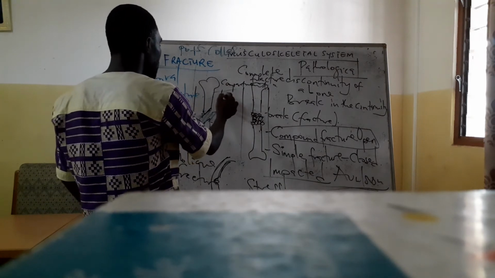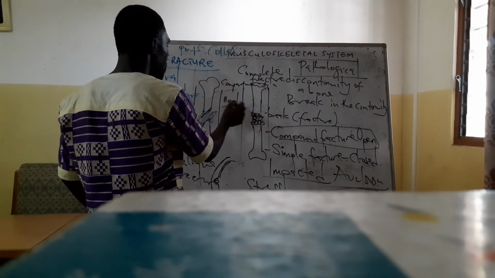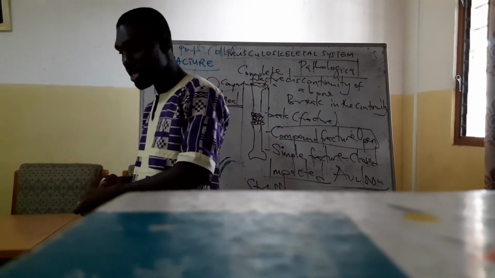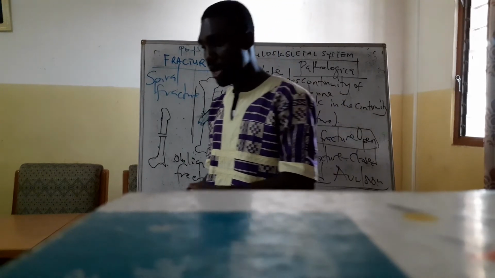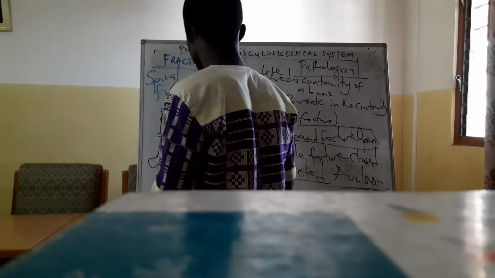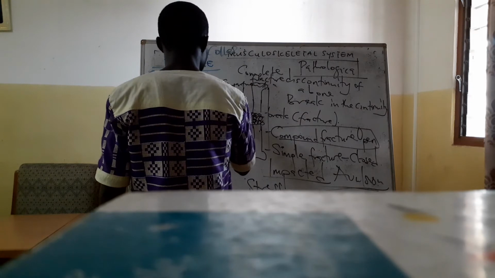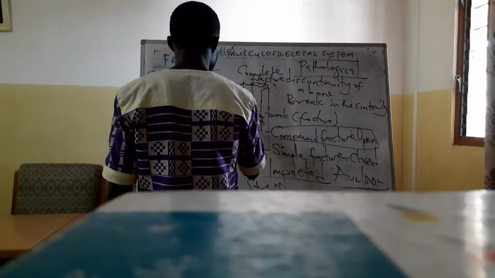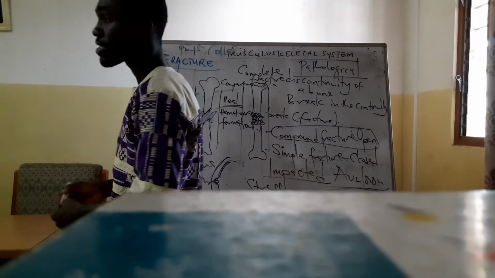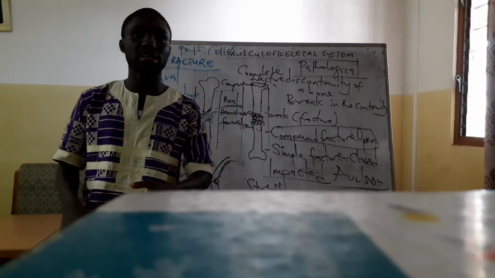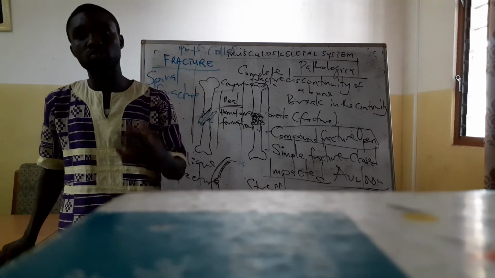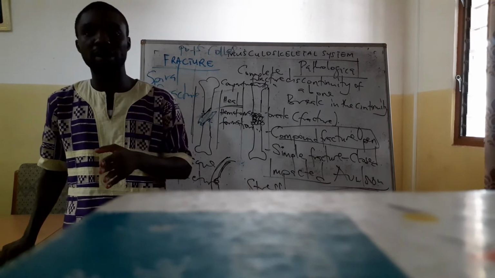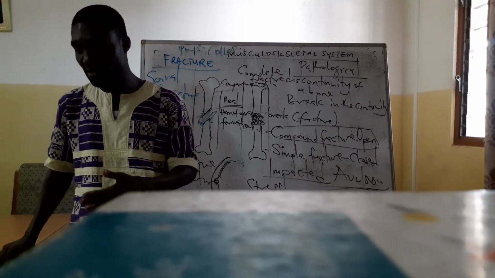wound healing, the bone has to heal, and it goes through some processes before healing can take place. So the first process is known as hematoma formation. Hematoma formation, right. So whenever there is an injury, the inflammatory process will start. So most of the time, if it's a compound fracture, then it's assumed that the person will be bleeding.